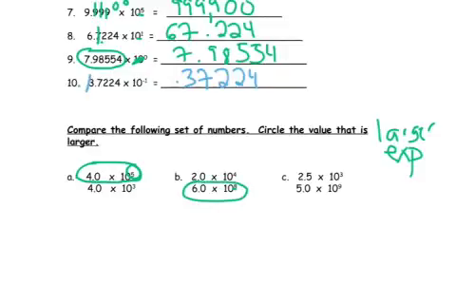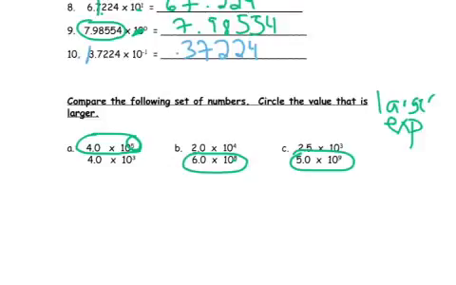And looking at part C, this one would be larger because if you compare your exponents, 9 is larger than 3. Always compare your exponents first. If your exponents are the same, then try to look at the value out in front.